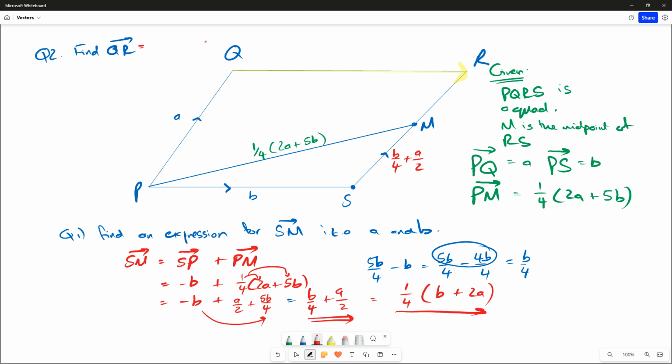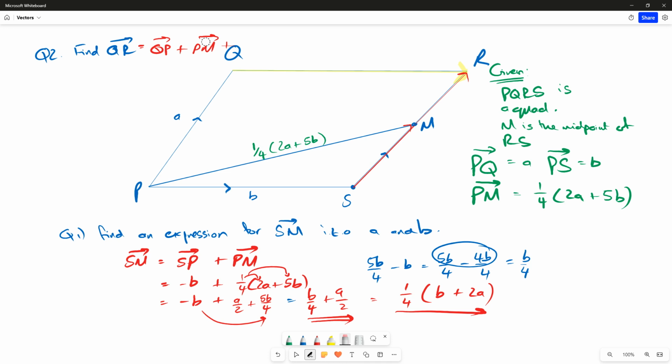So QR is basically QP plus PM. And then we've got one more part, this part here. And that part's the same as this part here because those vectors are equal. So this is going to be b over 4 plus a over 2, which we simplified to a quarter b plus 2a.